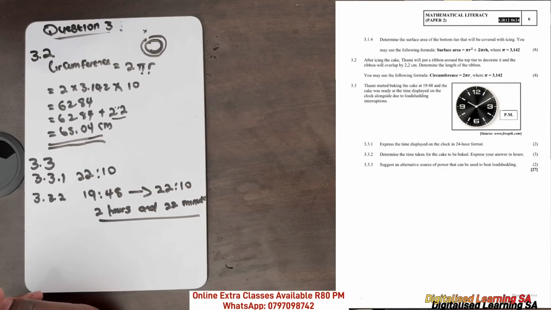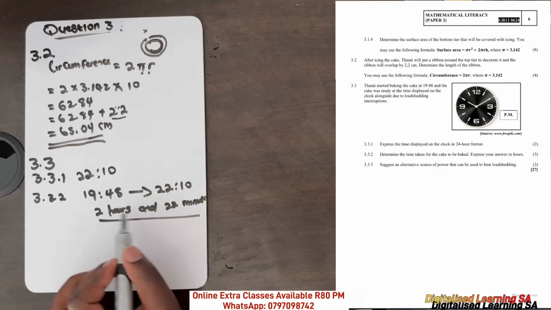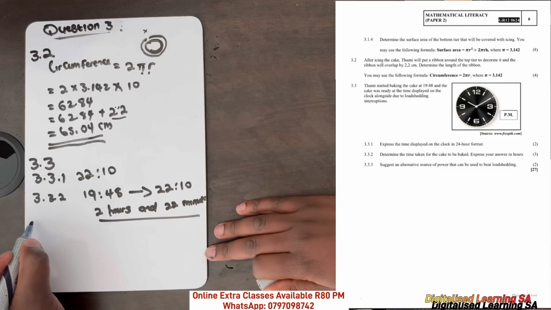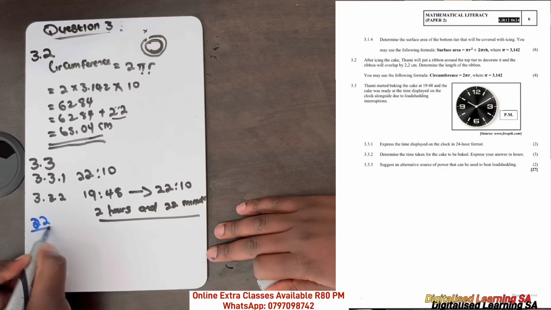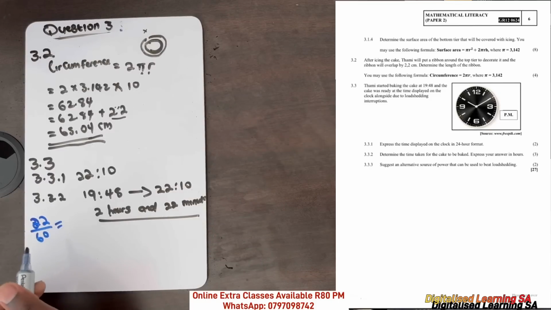But the question said to express your answer in hours, and the answer that we have now is expressed in hours and minutes. If you remember, if you want to convert minutes into hours, we divide by 60. So we say 22 divided by 60, because we know that in an hour we have 60 minutes.